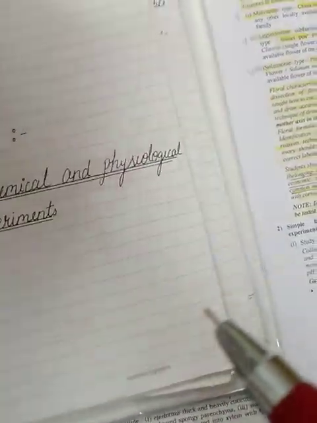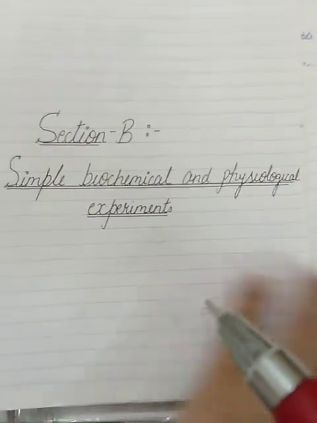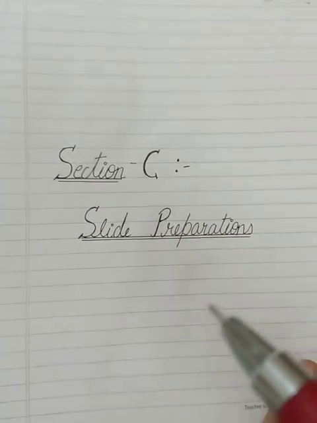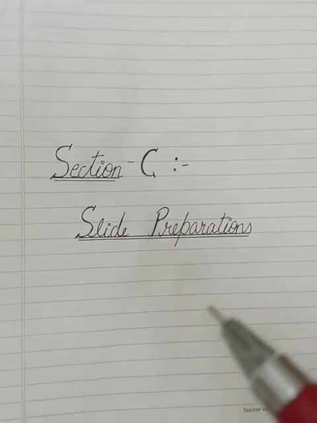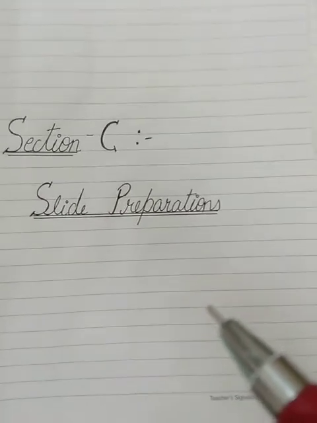After that we come to a new page as section B, but just now we are not starting with B, children, but on the new page today you will write down section C, slide preparation.